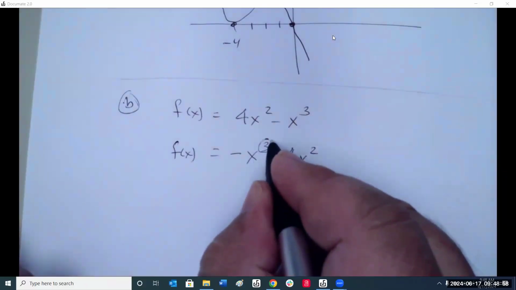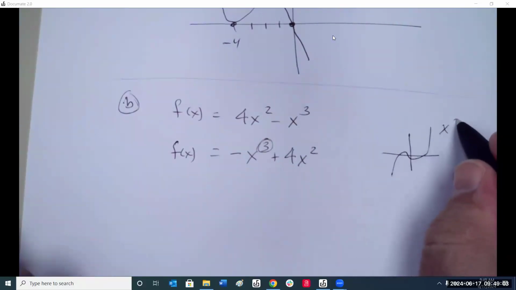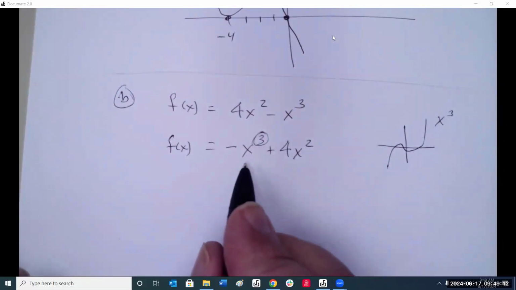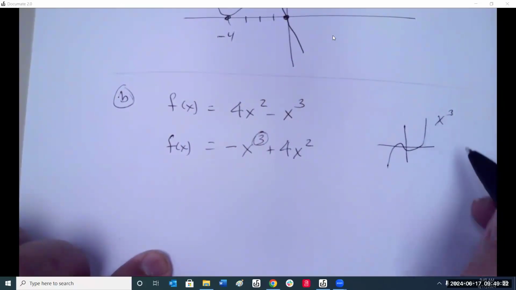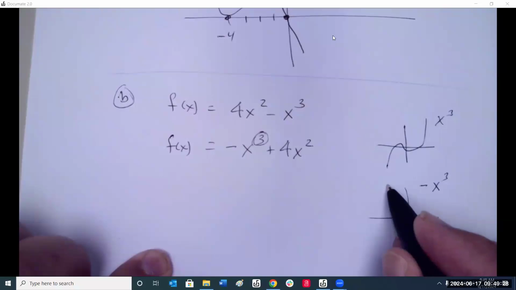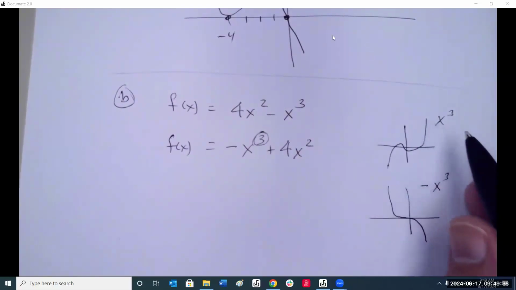It's cubed. So the cube function looks like this. But what happens here is that this graph is with positive x cubed. If I make it negative x cubed, then it goes down. Because the negative is outside.